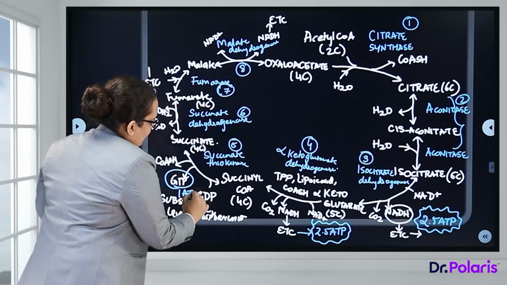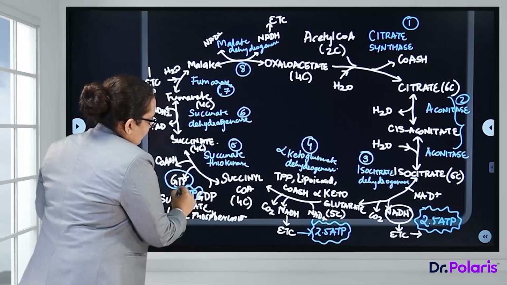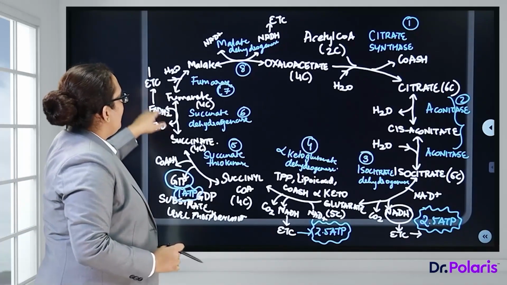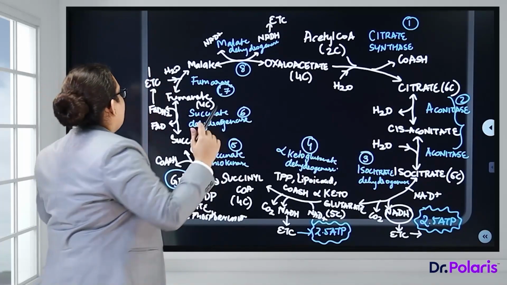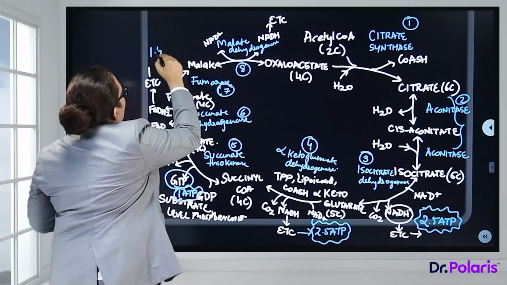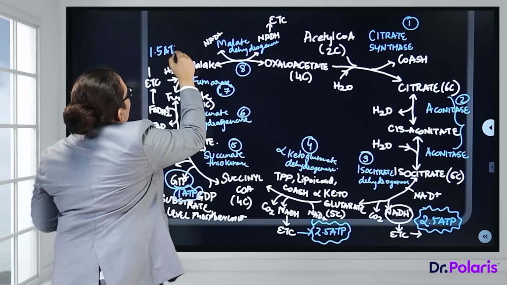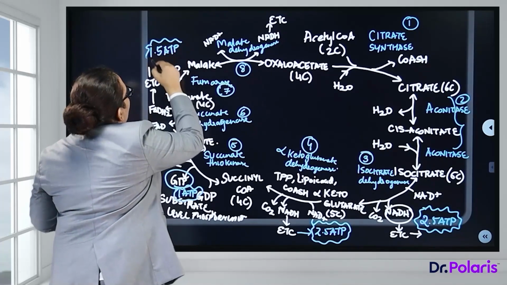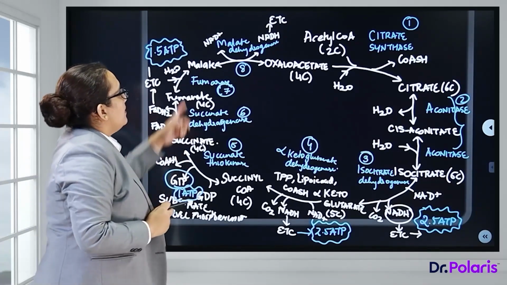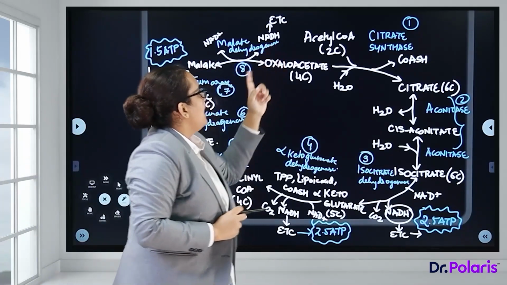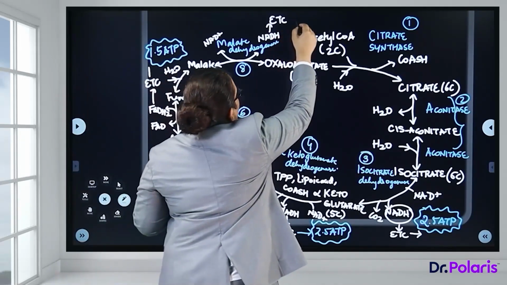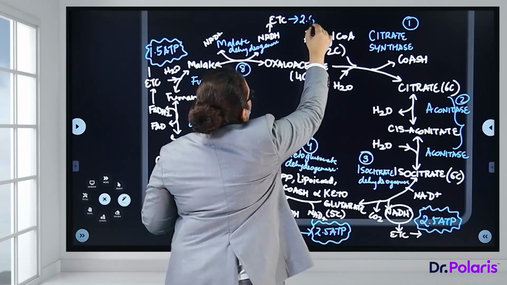So I'll write 1 ATP here. This is the energy formed. And then we have FADH2, which enters into the ETC. And as I've said, one molecule of FADH2 produces 1.5 ATP within the electron transport chain. The last reducing equivalent is formed at the 8th step, where you have NADH produced, which enters into the ETC producing 2.5 ATP.